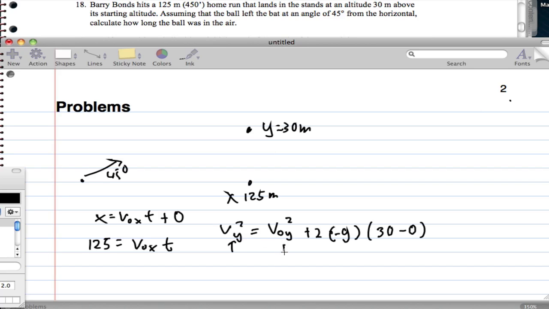We definitely don't know if either of these is 0. We don't know that it landed with vy equals 0, so we can't say that. We've got to figure this out a little more carefully. We have vy equals v naught y minus gt. And finally, y equals negative 1/2 gt squared plus v naught y t plus y naught. Interesting. So we've got a lot of unknowns here. I'm going to have to come back to this one a little bit later, so I might do this one in a separate video.